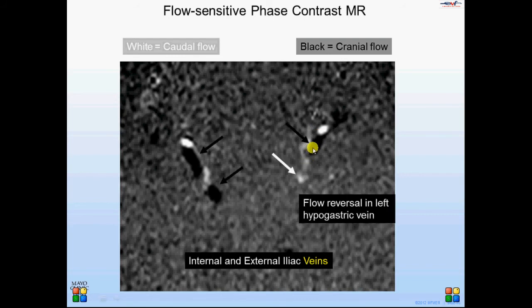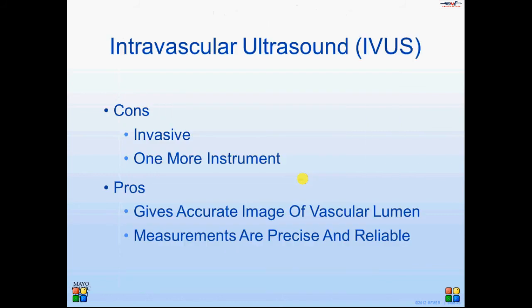And then you can see the common iliac vein or external iliac vein, but the internal iliac vein on the left side turns out to be white, and that's because the flow in that vein is now reversed because of the obstruction higher up.